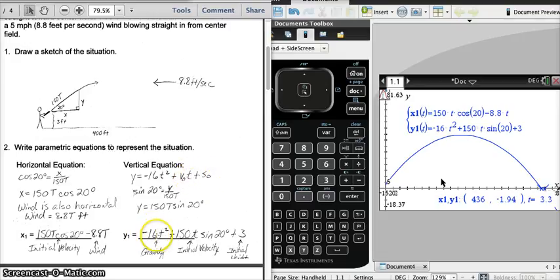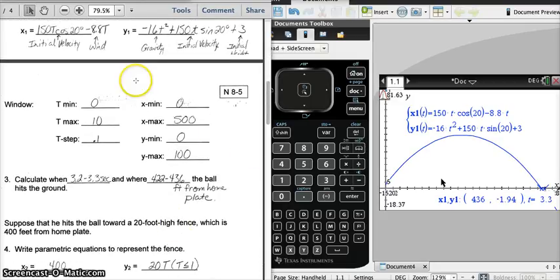So we have negative 16t squared. Well, our initial velocity is now the y value, which is 150t sine of 20 degrees. And then we have our initial height, which was 3 feet above ground, according to this. So have a moment, look through that formula, pause, reread it, see if you understand where all those things go, and then continue on.